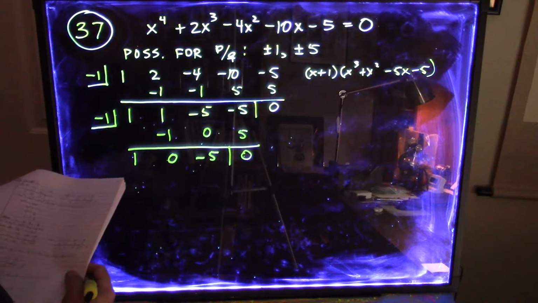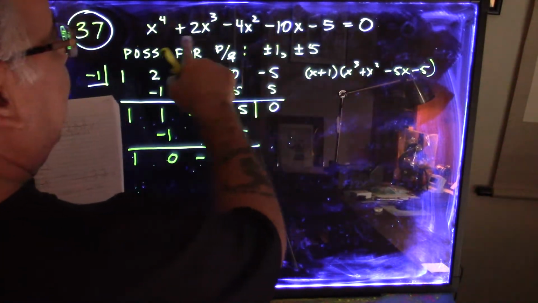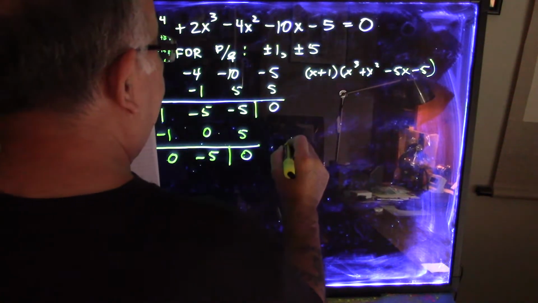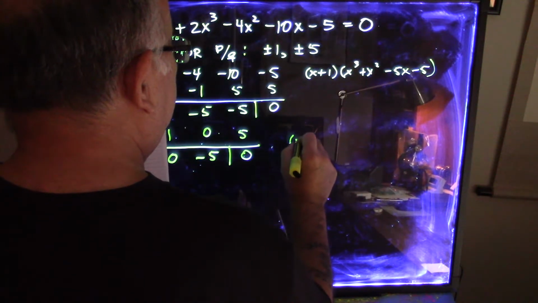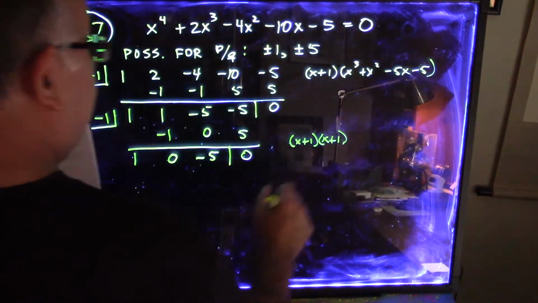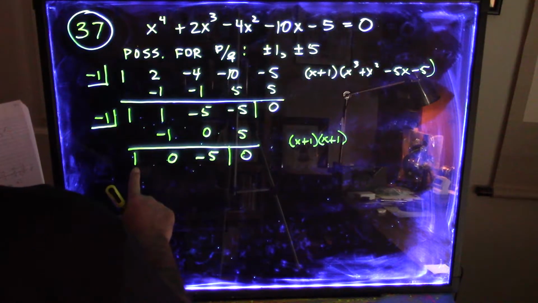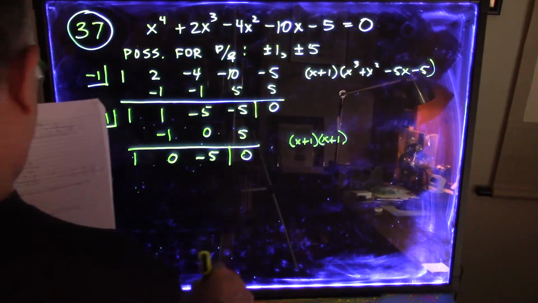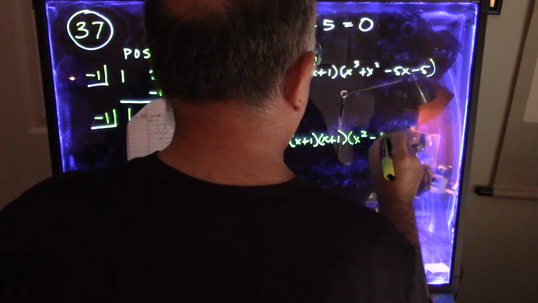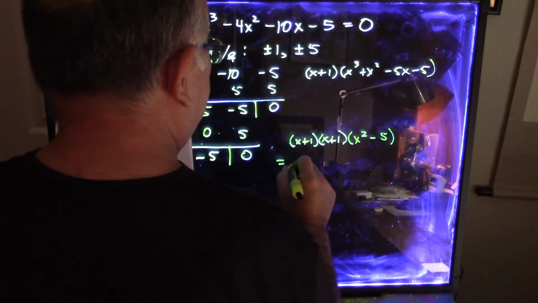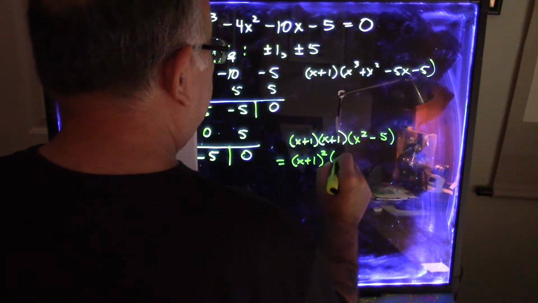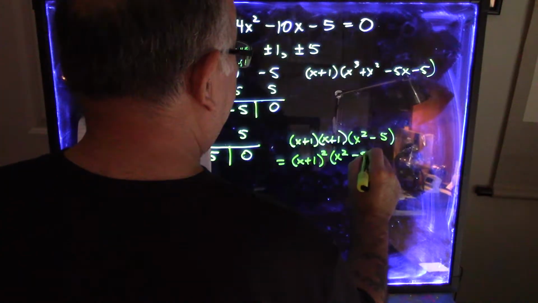Alright? So that means this polynomial can be written as x plus 1 times x plus 1 and then we've got x squared minus 5. Or, simplifying it a little bit, x plus 1 quantity squared times x squared minus 5.